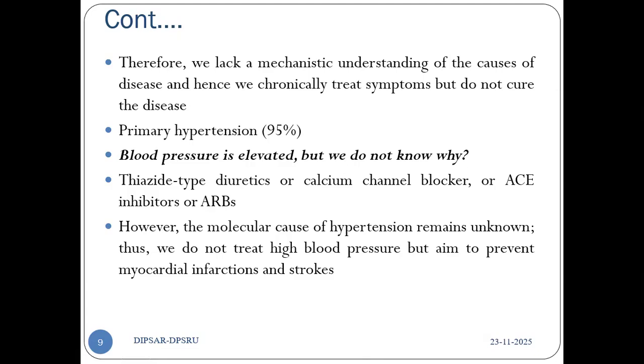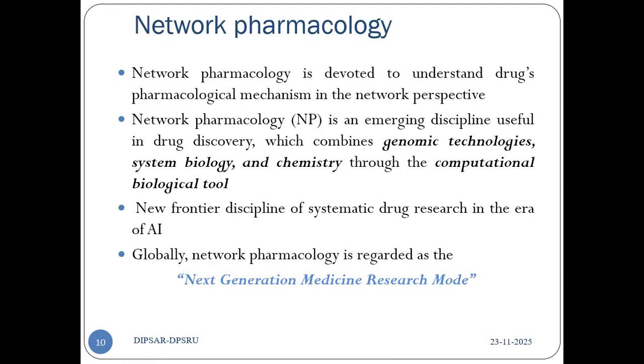Network pharmacology is one of the areas which can help us understand the disease at the root level, so that we can design molecules for it. Network pharmacology is devoted to understanding a drug's pharmacological mechanism from a network perspective. As I said, your molecule is not going to interact with a single target, but with multiple targets, and it will create a network. That is what network means.